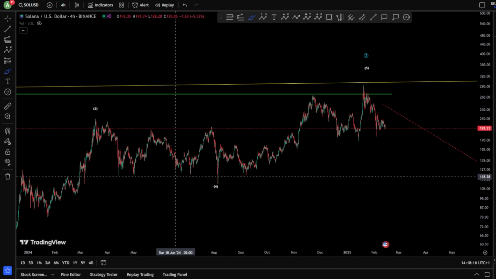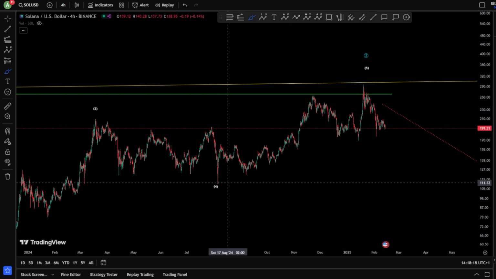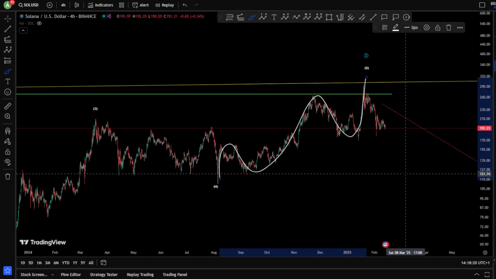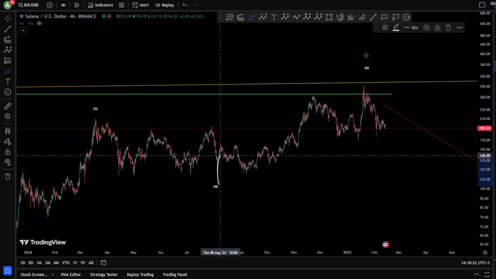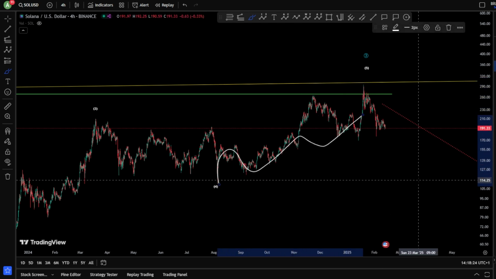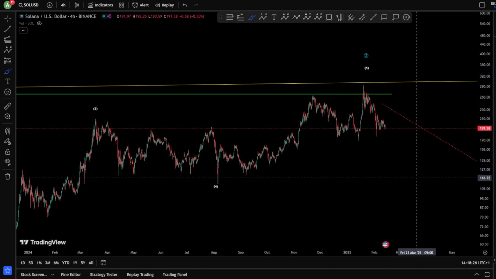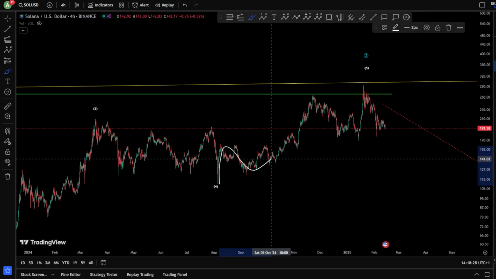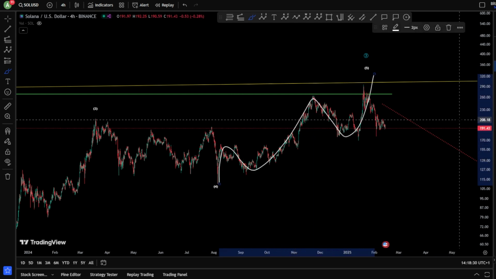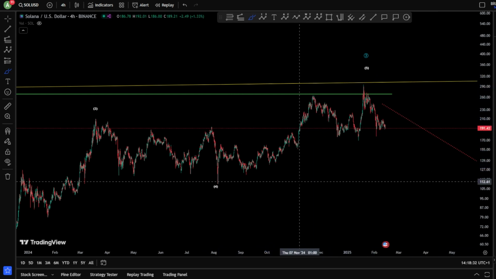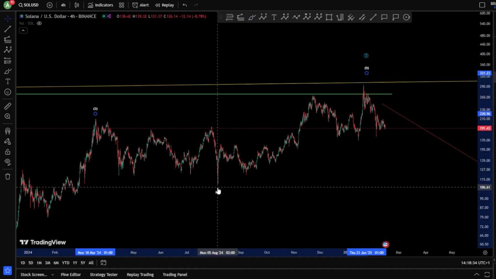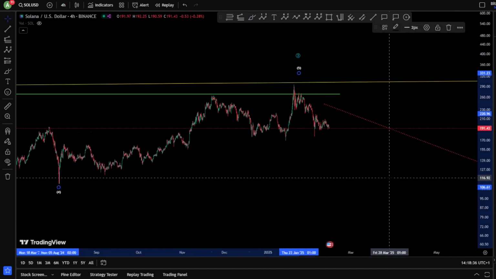However, our problem with it is it's not an impulse towards the upside. Also, it's not a contracting ending diagonal, which is the most common normally. It is an expanding ending diagonal, which is the most rare. However, it's not impossible, and it looks like Solana is going to take this option.